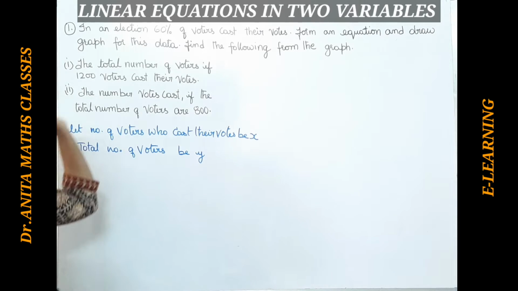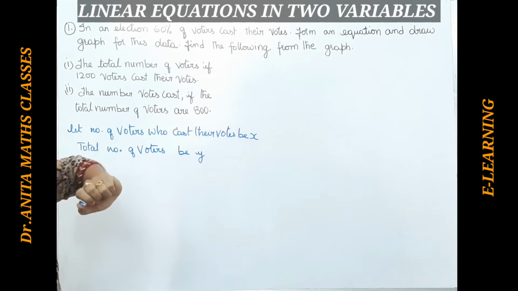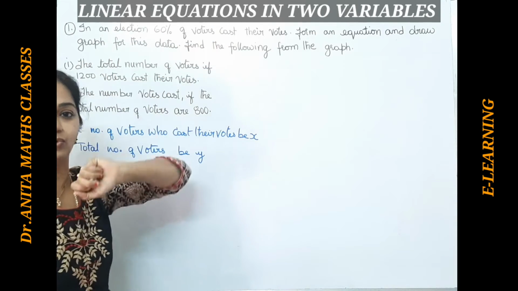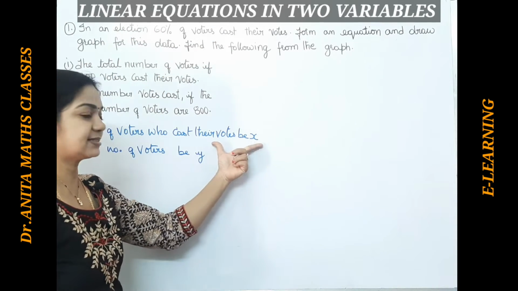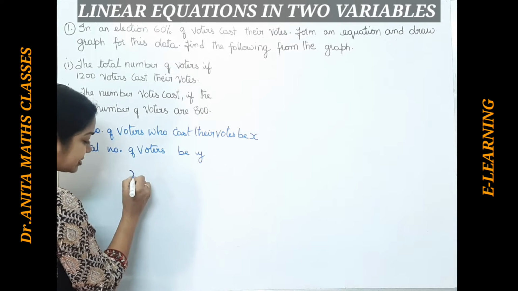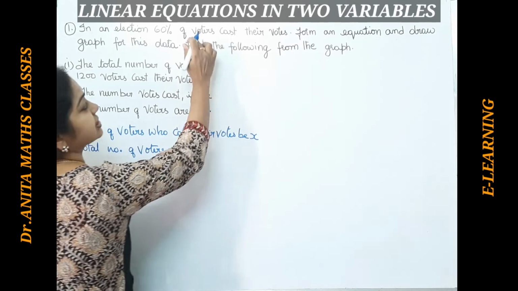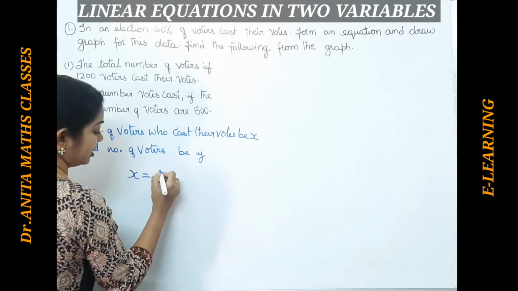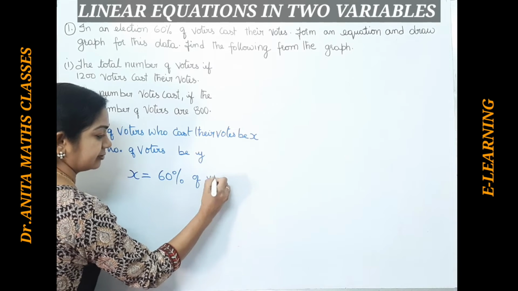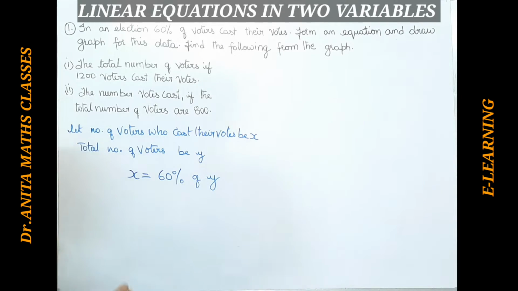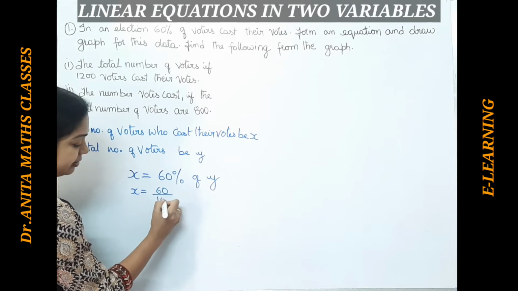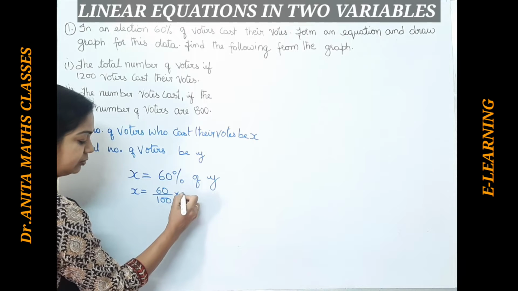According to the condition we will form an equation. In an election 60% of voters cast their votes. I have supposed x as the voters who had cast, so x is equal to how much? 60% of the total, so 60% of y. y is the total number of voters, isn't it? So let me write x is equal to 60 by 100 into y.